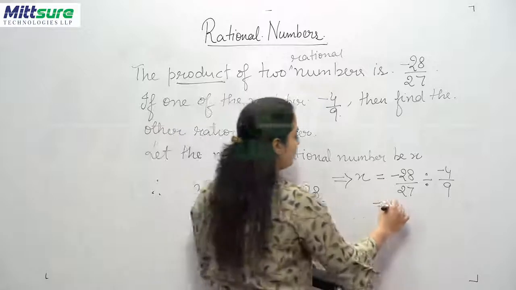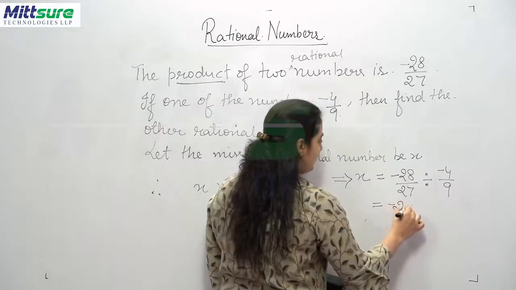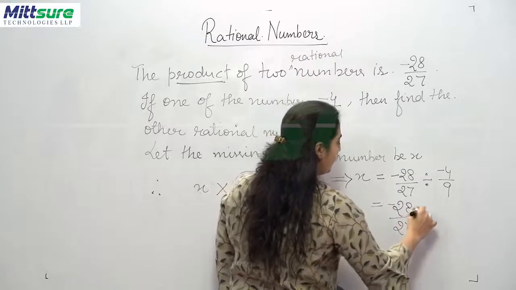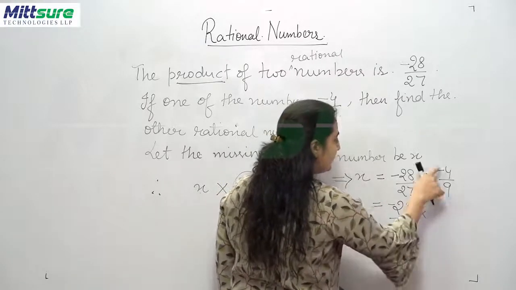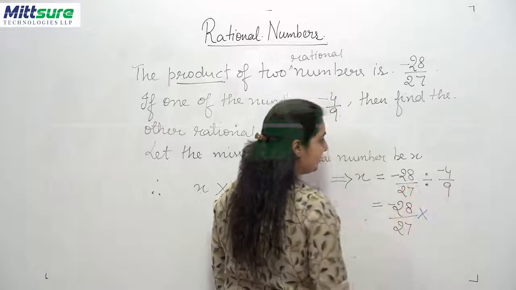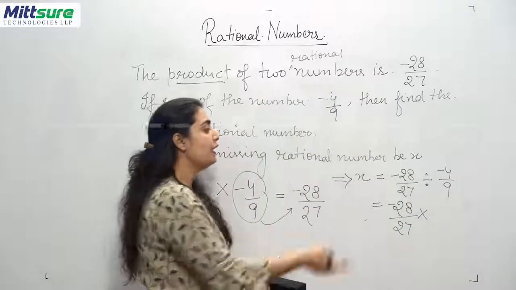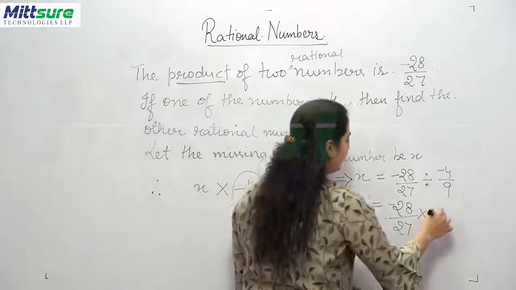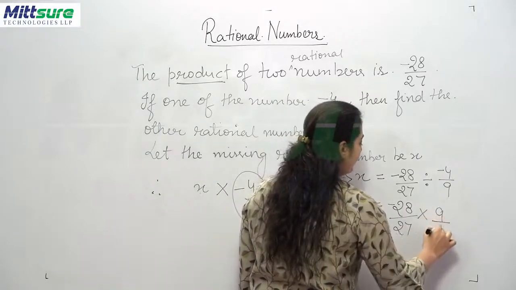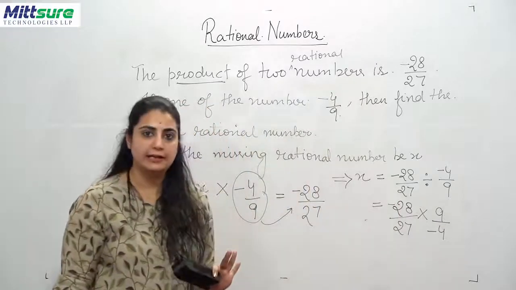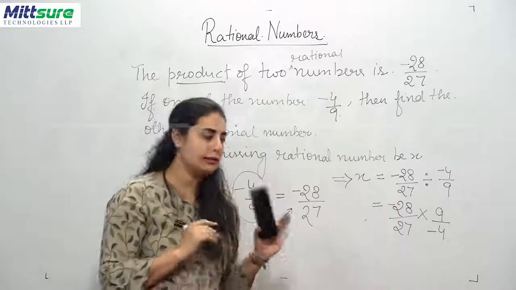Right? Now we will follow the same steps. Minus 28 upon 27 multiplied by the reverse of the given rational number, or you can say the multiplicative inverse of the given rational number, that is 9 upon minus 4. Now you don't have to make any change to the negative sign, as I have explained earlier also.